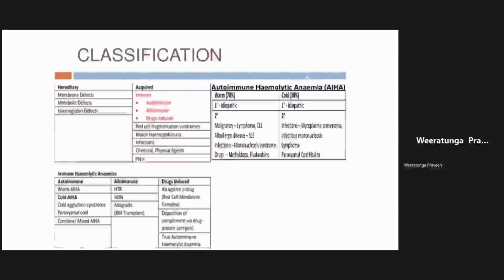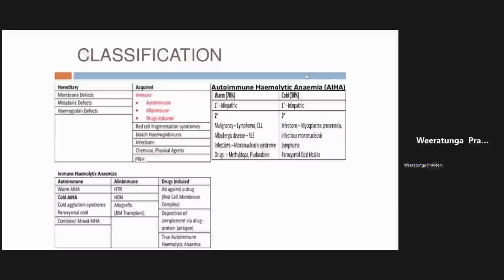Right. Now, we talked about this classification of hemolytic anemia into hereditary and acquired.